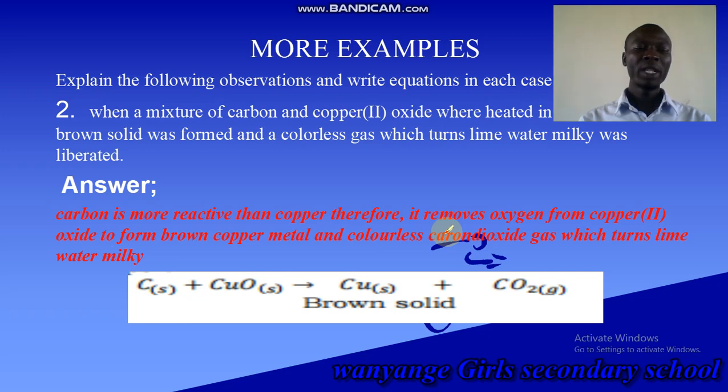So how will you write the answer? Carbon, being more reactive than the copper, will remove oxygen from copper 2 oxide to form the brown copper metal and the colorless carbon dioxide gas, which turns lime water milky. And the equation is there written.